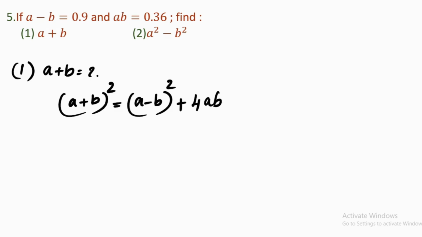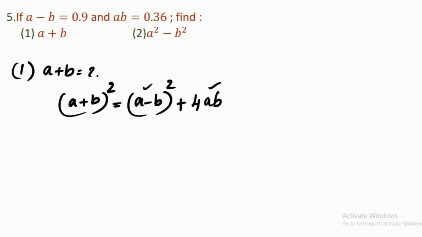You know why we use this formula? Because a minus b is given to us, ab is also there, but we have to find a plus b. Only a plus b is unknown here, and a minus b and ab are known. That is why we use this formula in this question.